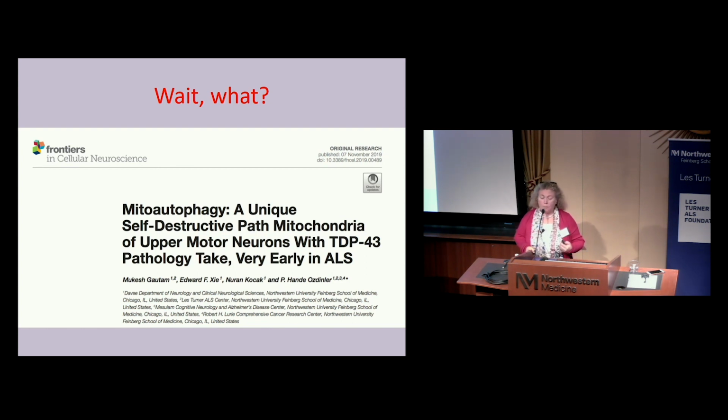And we called it autophagy, which means mitochondria eating themselves up. And we find that this is a unique self-destructive path that mitochondria of upper motor neurons with TDP pathology take, again, very early in ALS.